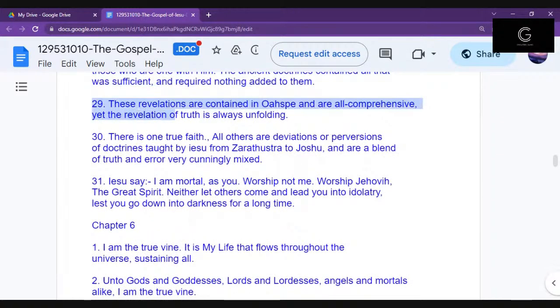These revelations are contained in OASP and are all comprehensive. Yet the revelation of truth is always unfolding. There is only one true faith. All others are deviations or perversions of doctrines taught by Iesu from Zarathustra to Joshu, and are a blend of truth and error, very cunningly mixed.